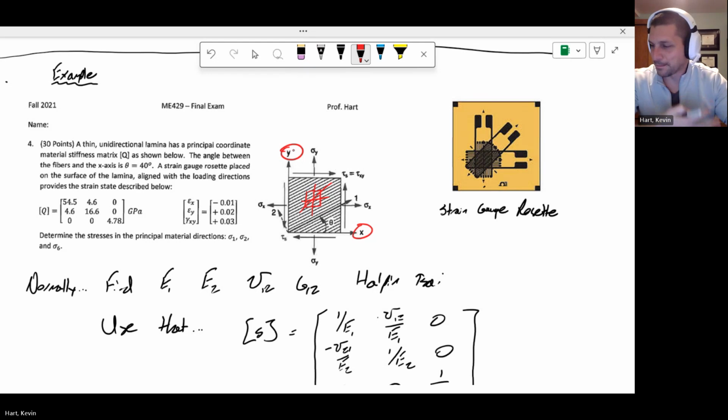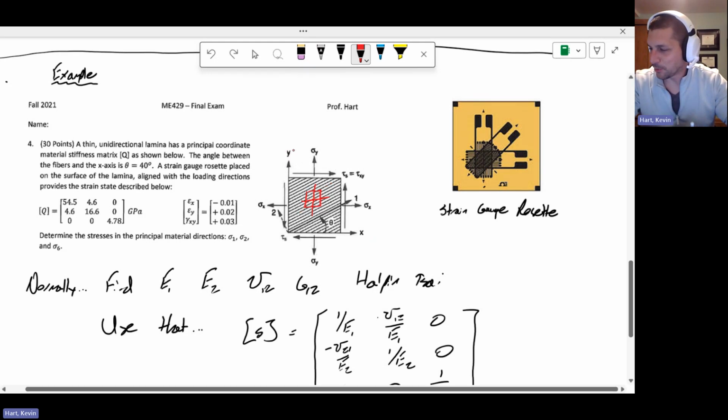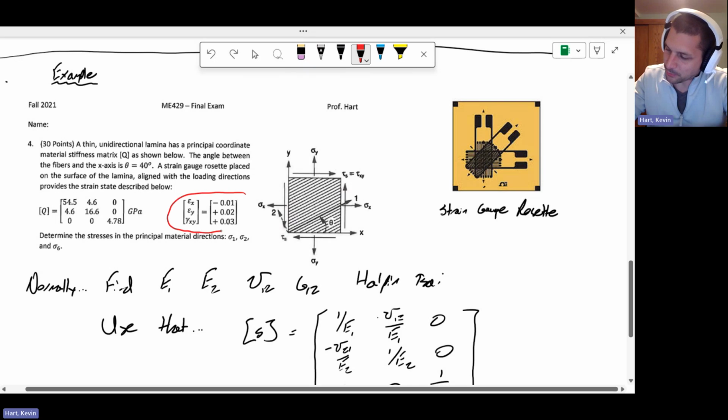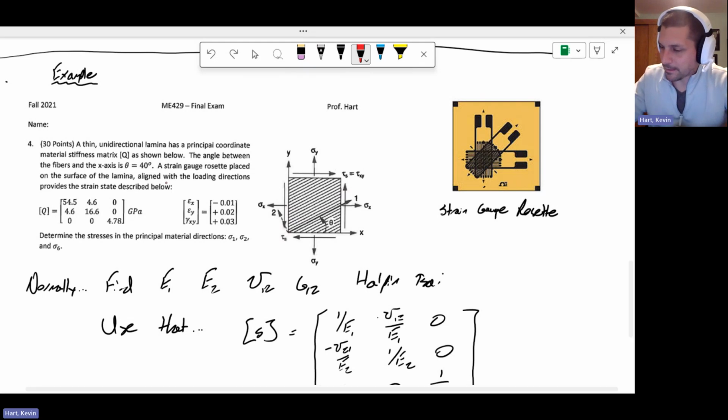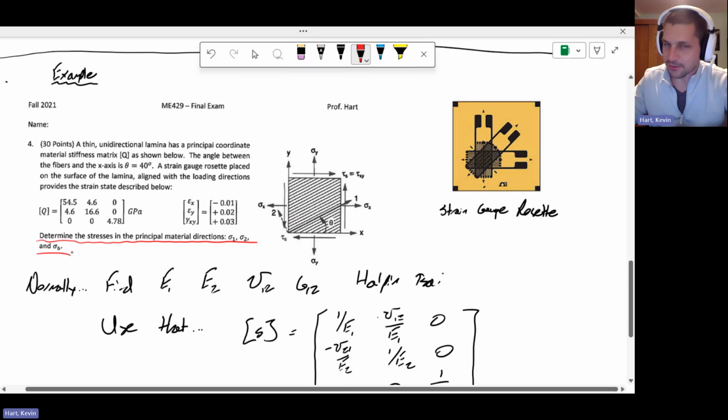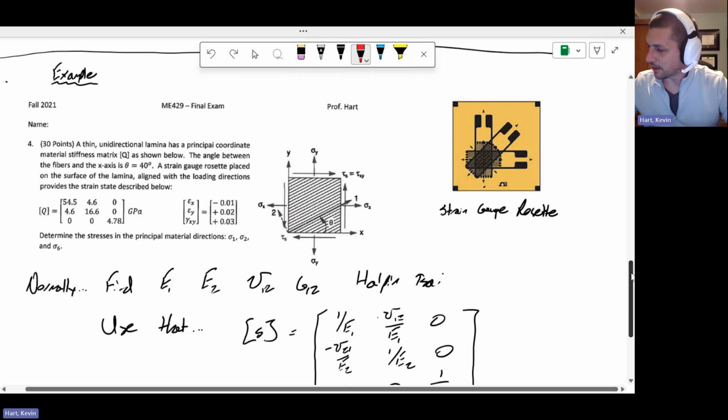Unfortunately, those strain measurements don't line up with the fiber direction, which is running 40 degrees with the x-axis, okay? So the problem says, all right, we put a strain gauge on there. We're getting these strain measurements. This is in true strain, sorry. And then it asks, what are the stresses in the principal material directions given those strains that we've measured from that strain gauge? Okay, so let's go ahead and take a look at this guy.